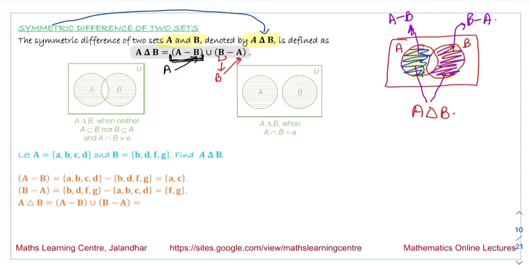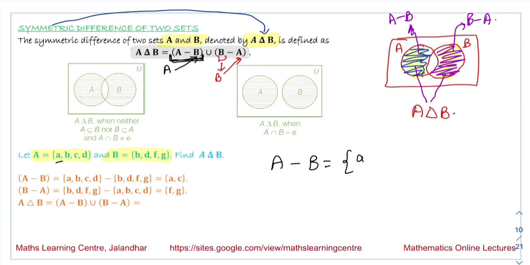This will be more clear to you with this example. Let the set A be {a, b, c, d} and B be {b, d, f, g}. We have to find A delta B. So we are calculating A minus B. From A we have removed the elements of B. So a is there. Next b is removed.